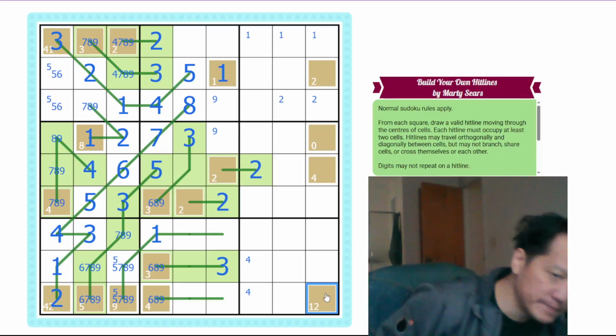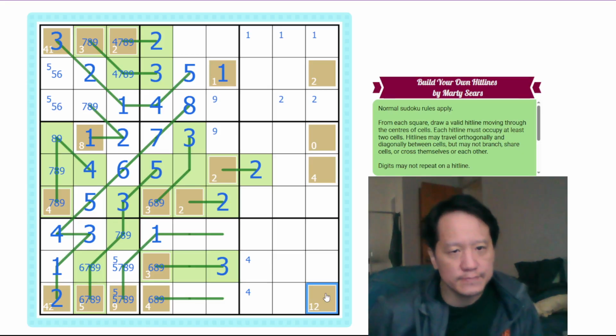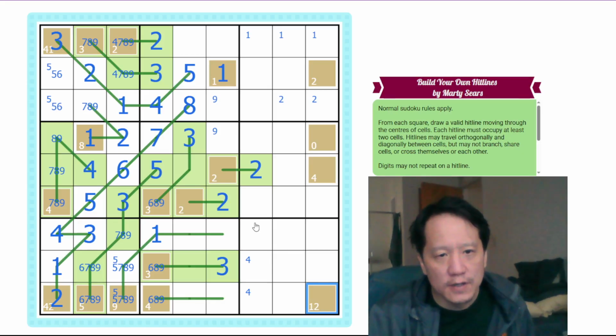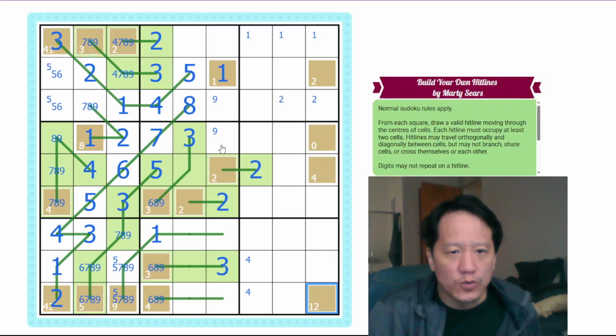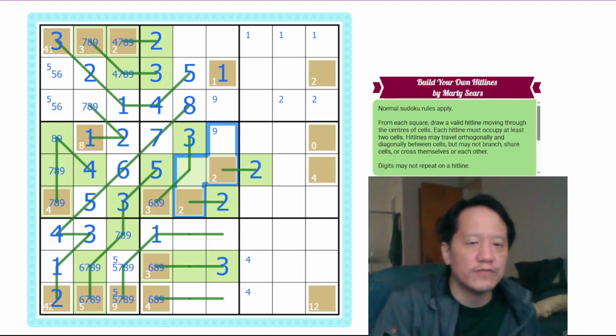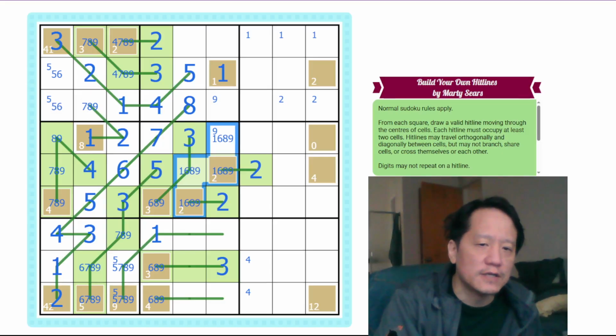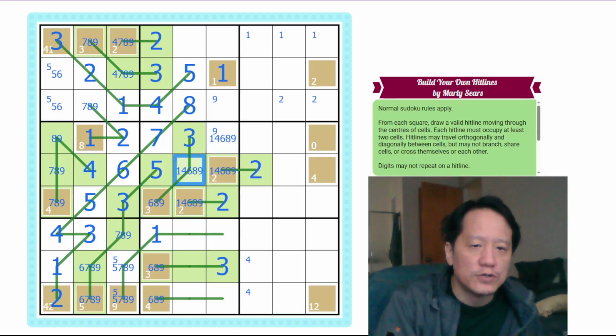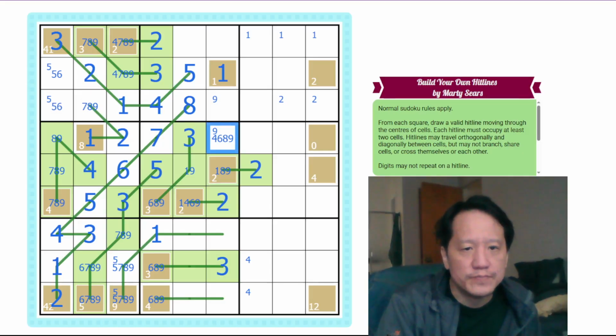Okay. Interesting. Remaining digits in box 5. We have 1, 6, 8, 9, 4. So no 4, 6 here, no 4, 6 here, no 8 here, no 8 here, no 1 here.